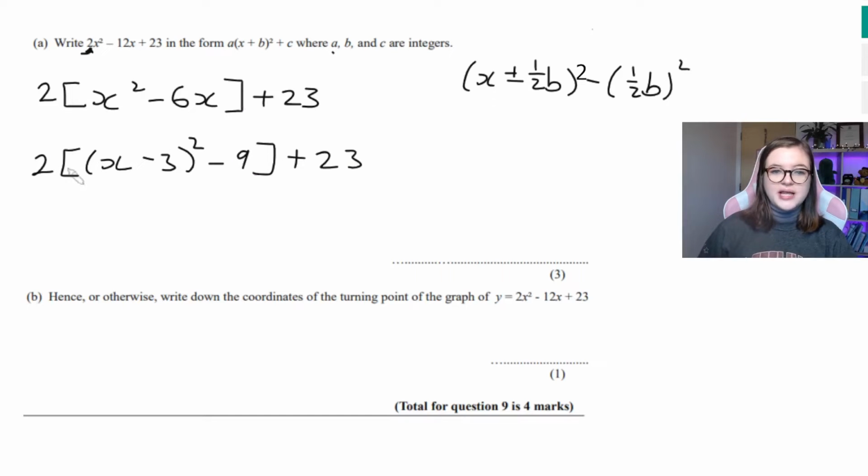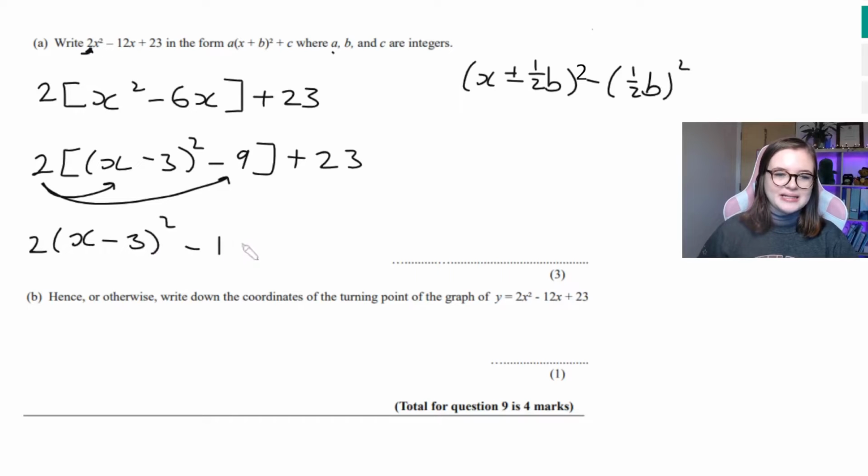And then we need to get rid of these square brackets, so times it out, that times that, we get 2 lots of x minus 3 squared minus 18 plus 23, and then bring these 2 together, 2 lots of x minus 3 squared plus 5.